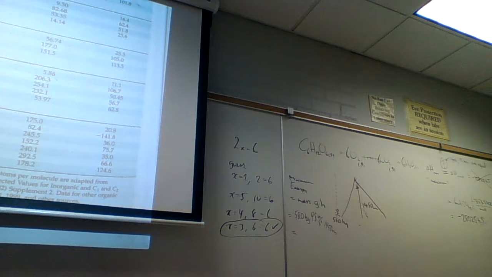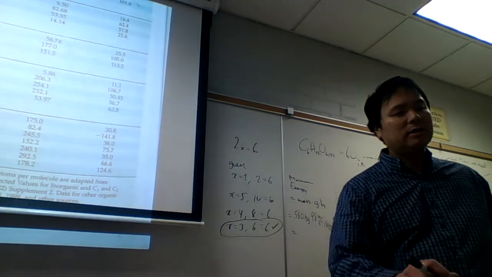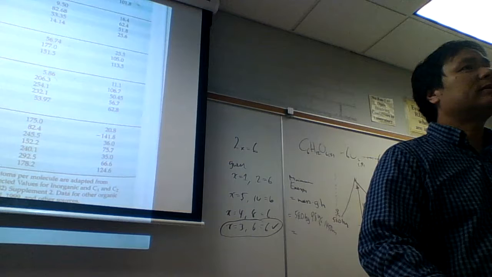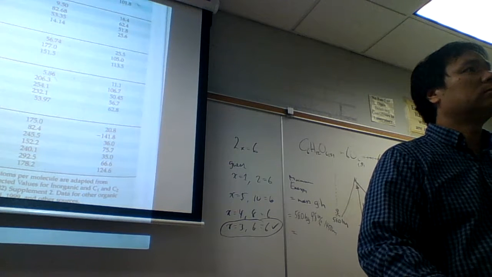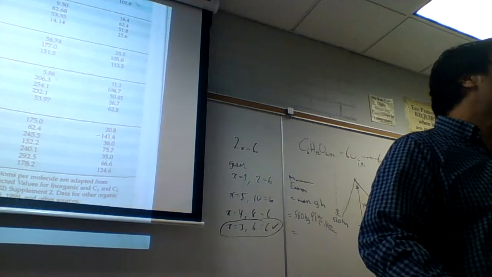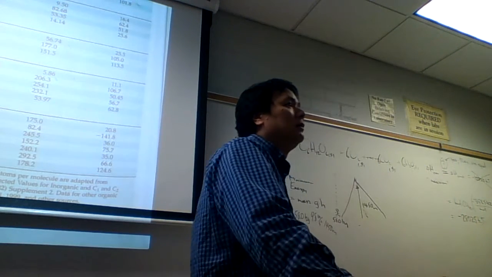So I want to talk a little bit about delta U here before we answer the question. And that is, what do you think? If I burn this in a bomb, would I get more energy, less energy, or about the same amount of energy? I get less? How come I would get less energy if I did this in a bomb?